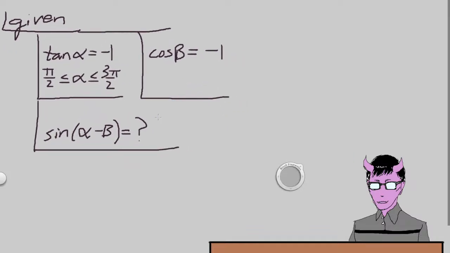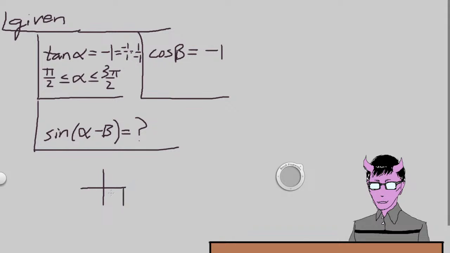So we need the reference angles in particular. So tangent, this one you can think about as negative 1 over 1 or 1 over negative 1. So let's see. So for this one, that could be a negative opposite over positive adjacent.